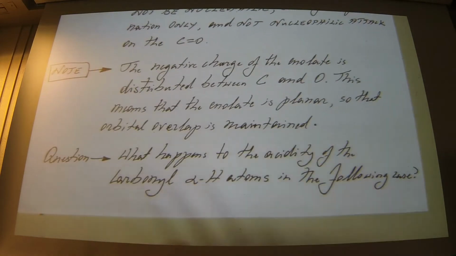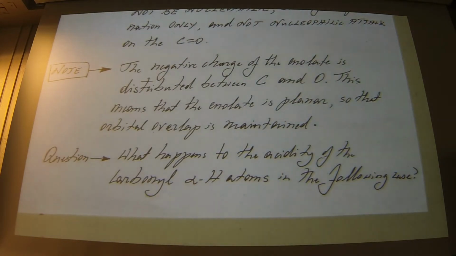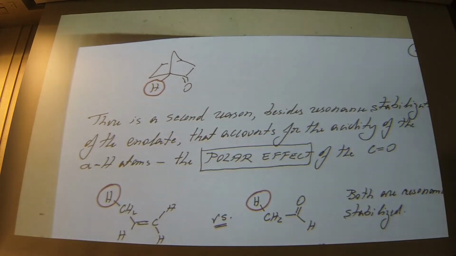Now we're going to have to ask ourselves a question: what happens to the acidity of the alpha carbons in the following example? In other words, is this more acidic or less acidic than this stuff here, and why? If I try to form the enolate here, can I do it, and why can't I?